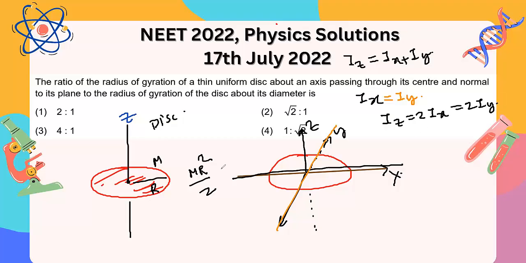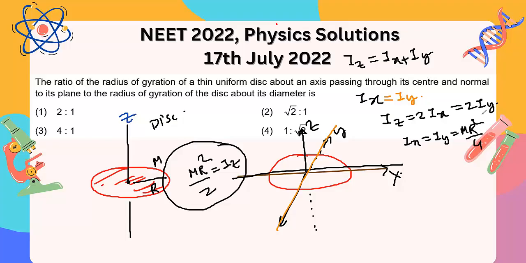And Iz is what? Iz is mr square by 2, about this axis perpendicular to the disk, right? So from there you can say that Ix is equal to Iy is equal to mr square upon 4, right? So about any diameter, the moment of inertia of a disk is mr square by 4.